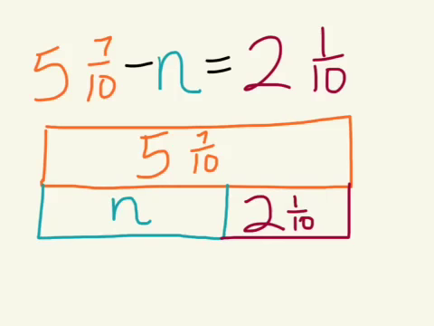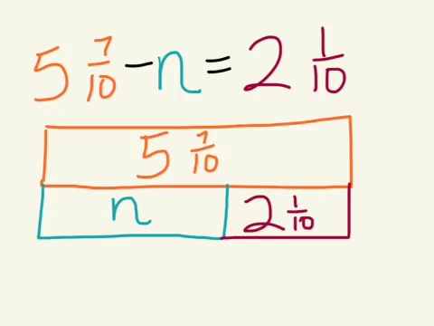So 5 7/10 is what we started with. We took away a certain number and we're left with 2 1/10. Now, if we actually had some oranges, we could physically take them away to show it. But the bar model shows it as well. It also shows that 5 7/10 take away n equals 2 1/10 would be the same as 5 7/10 take away 2 1/10 would give us n. So that's how we could solve this equation.